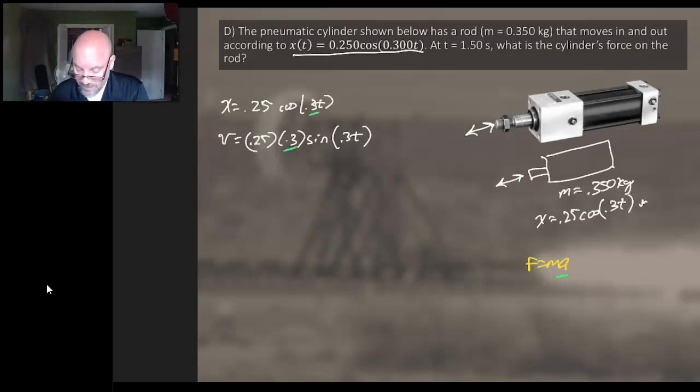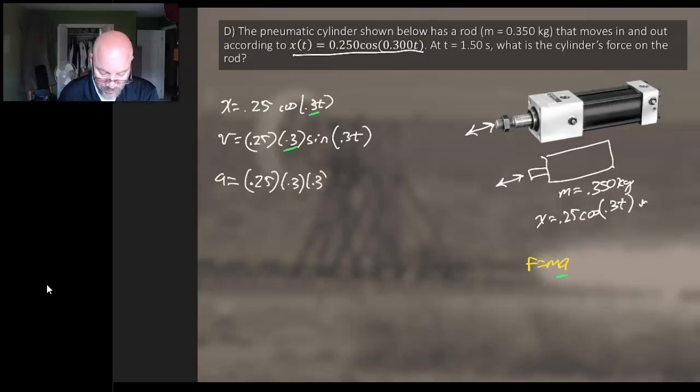Let's take one more derivative to get to the acceleration. Now I'm going to have 0.25 times 0.3, and I've got to put another 0.3 on there. We're back to a cosine, 0.3t. Now, I did forget a minus sign in here, so there's a minus, and that carries through down to here as well.